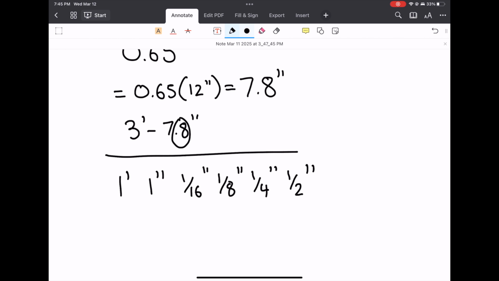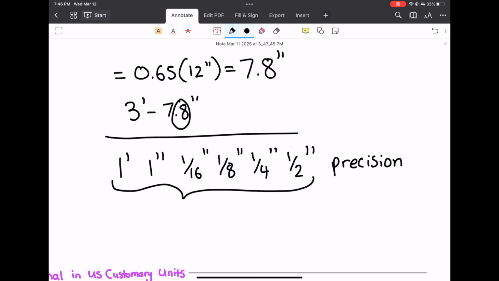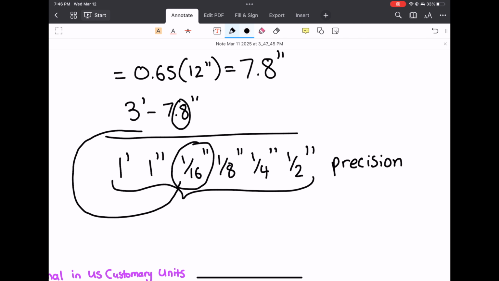These are the main precisions on a measuring tape. Going with the most precise one, 1/16 of an inch, is usually sufficient.